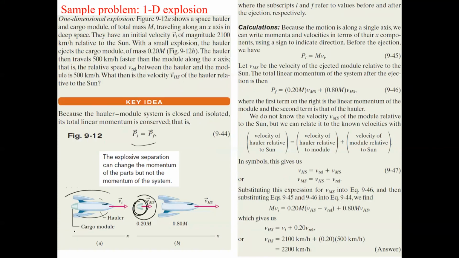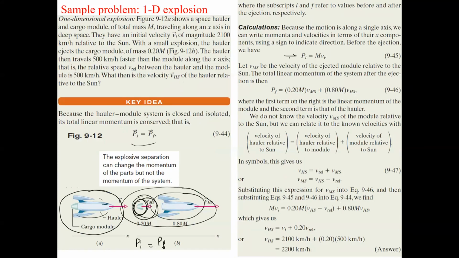Initially, the momentum was for one system, the whole rocket, along with the module that it was carrying. After releasing the module, the linear momentum will be a sum of two values, one for the rocket alone and one for the module. So I will say P initial equals P final.